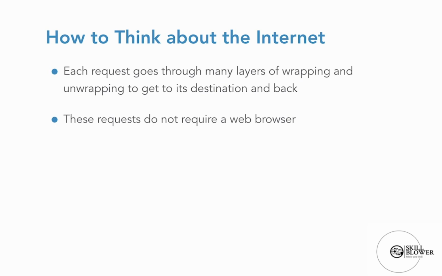Requests can be examined and replicated. Anything a browser can do, you can also do with a web scraper. I mean, by definition. So get comfortable with the internet, ditch your web browsers. I mean, unless you're watching this video on a web browser, obviously. And head over to the next section where we actually build our first web scraper.